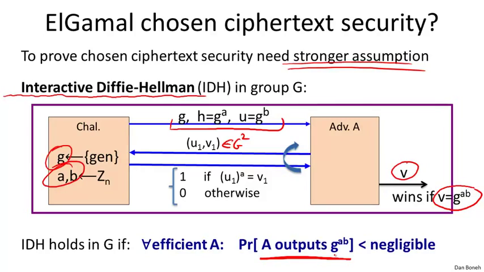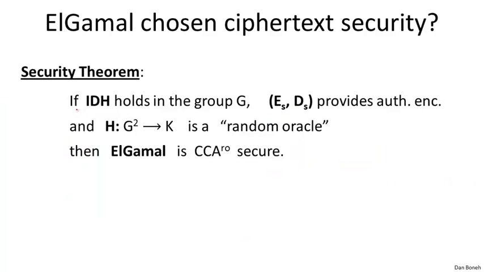The thing we really don't like about this assumption is the fact that it's interactive, and that the adversary is allowed to make queries to the challenger, and as I said, we're going to try and get rid of this interaction later on. But for now, I'll tell you that under this interactive Diffie-Hellman assumption, and under the assumption that the symmetric encryption system provides authenticated encryption, and under the assumption that the hash function is an ideal hash function, what we call the random oracle, then in fact the ElGamal system is chosen ciphertext secure.